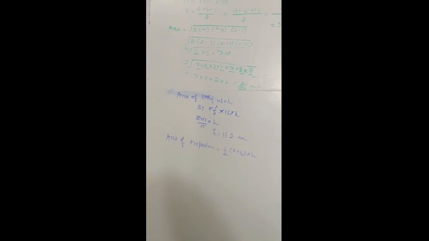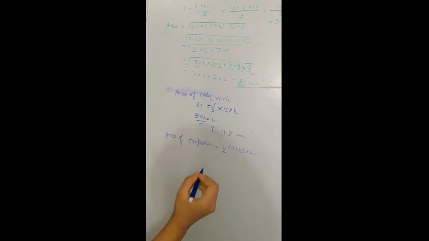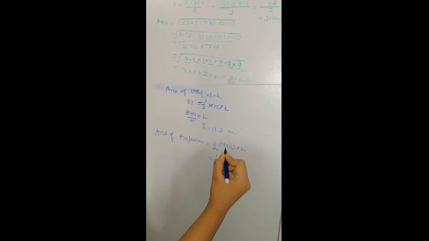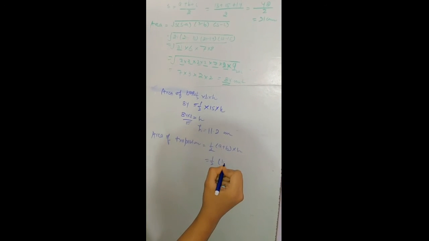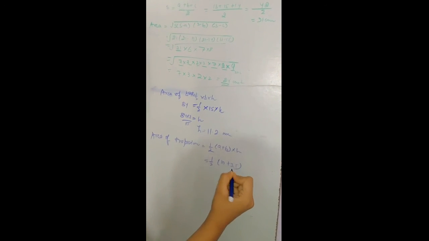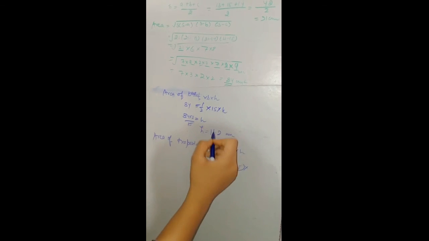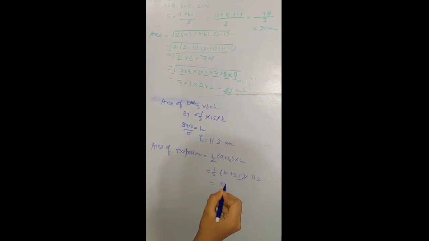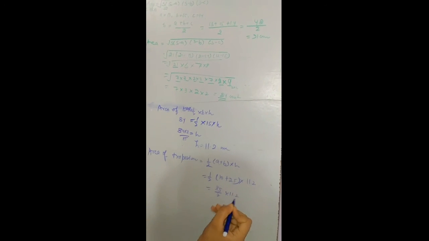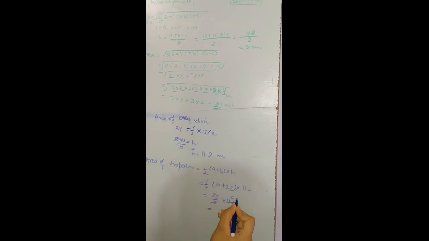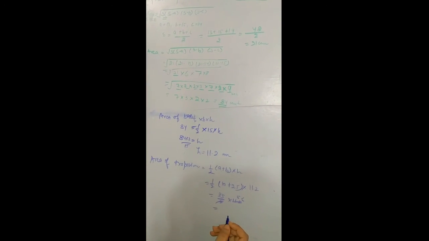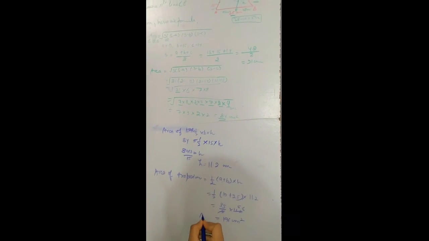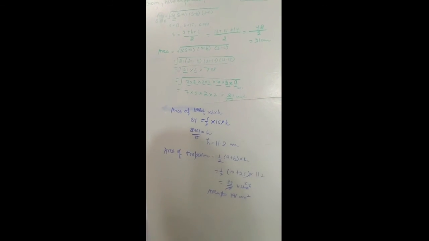After that, we will put all these values here: 1 by 2, A we have as 10 plus B is 25, into H. Here we found 11.2. So 35 by 2 into 11.2, that is 5.6. After multiplying, what will we get? 196 centimeter square is the area of the trapezium.